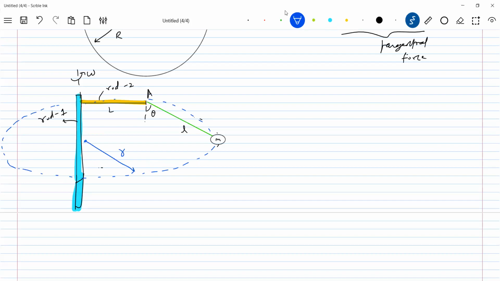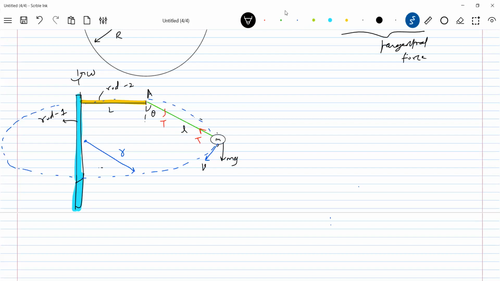Now let it have a velocity v like this. Now I want the overall expression for the time period of revolution. So this will be the tension T, and the weight will act like this, mg.